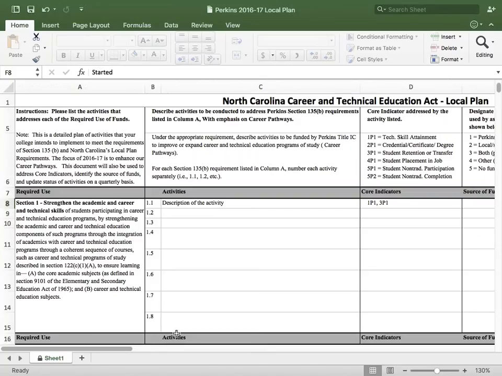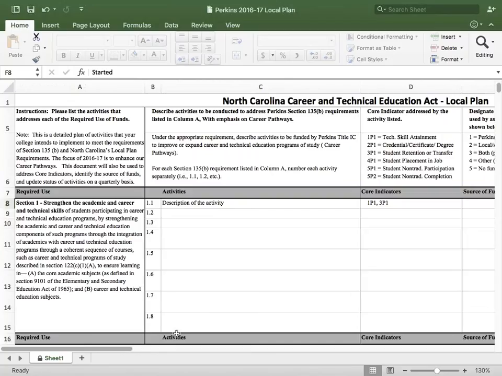But it's an activity of sufficient size and scope that it could impact a wide variety of students at that local college. To put a plug in for Advanced Manufacturing Week, that's a great way to have size, scope, and quality in a Perkins activity. Yes. And that is the one that seems to give everybody the most trouble, and we see just about everything under the sun in that category.